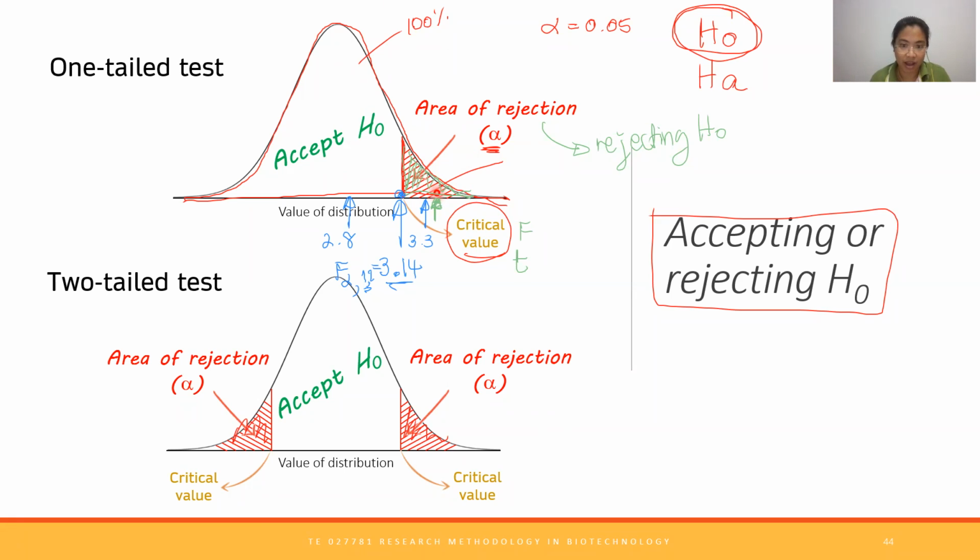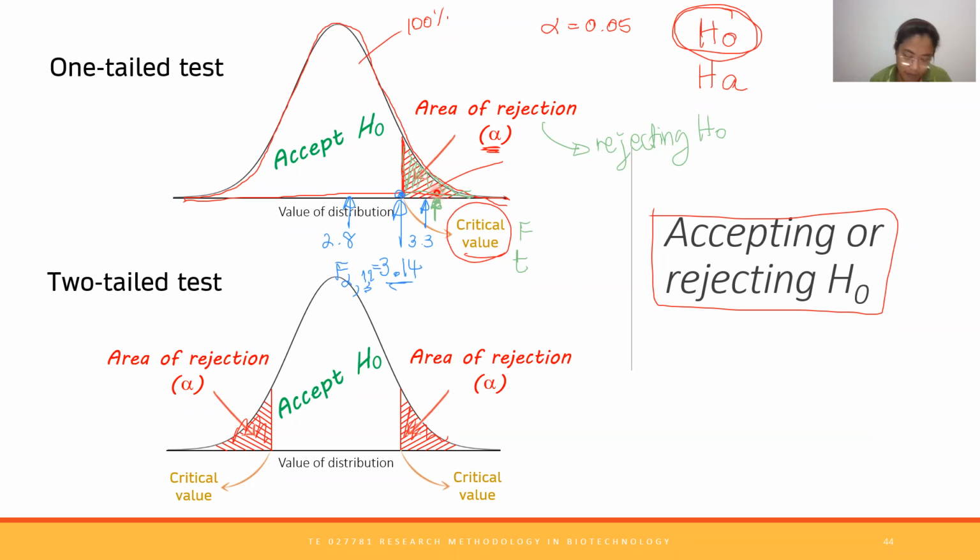What about the p-values? Where do they come from? Like I said earlier, the p-value itself has to be compared to alpha. Let me clear this screen a little bit.